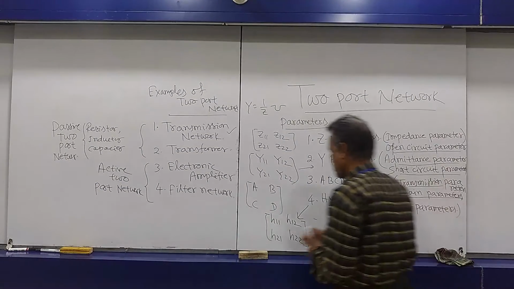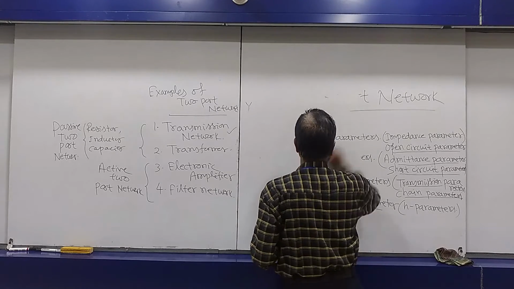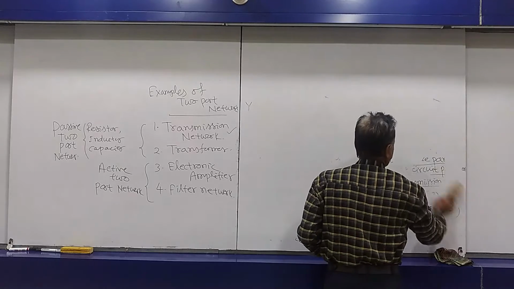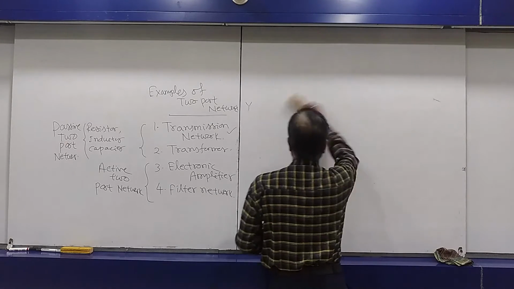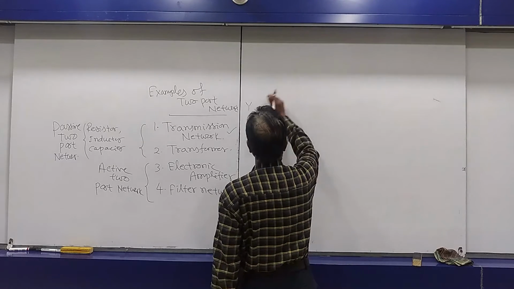So first of all comes the Z parameters, otherwise known as the impedance parameters. We will see first.